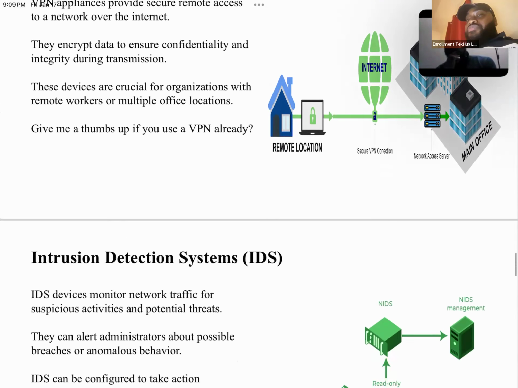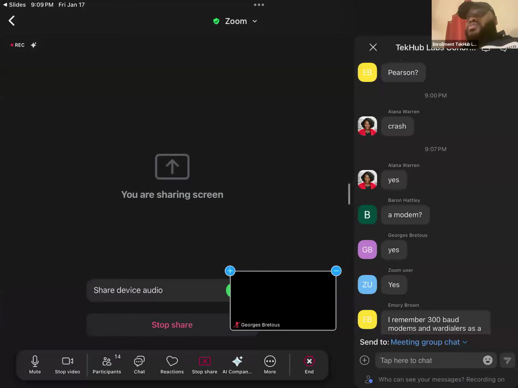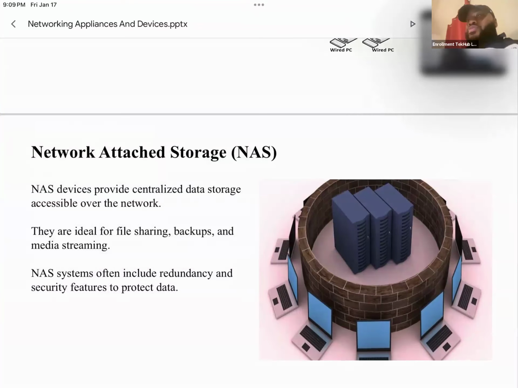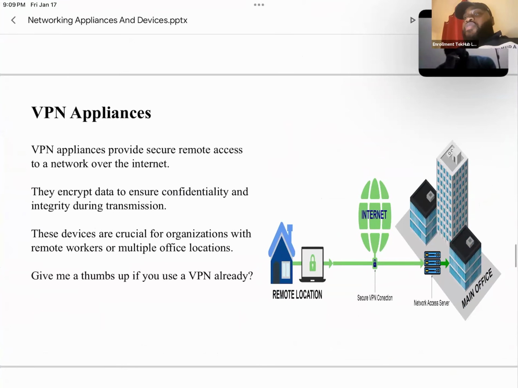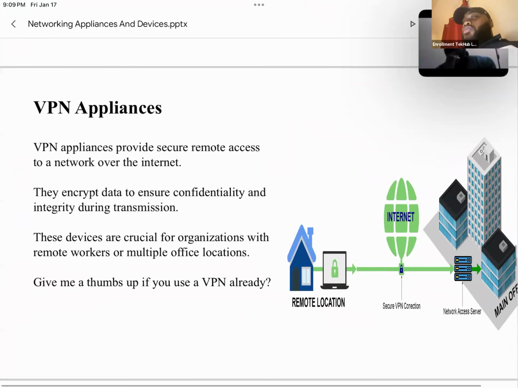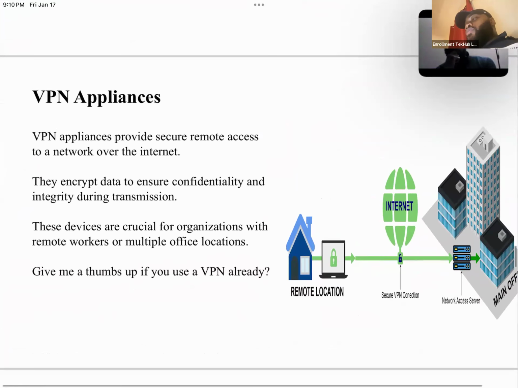VPNs. All right. We'll go back now. VPNs provide secure remote access to a network over the internet. The good thing about a VPN is encryption. Any data coming from your remote location through the secure VPN to the network access server to the main office is going to be encrypted.